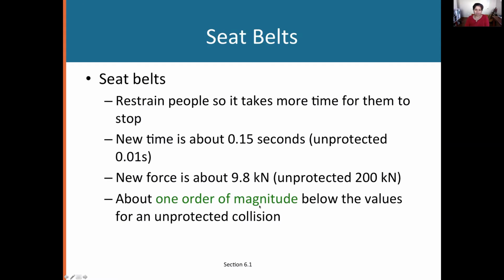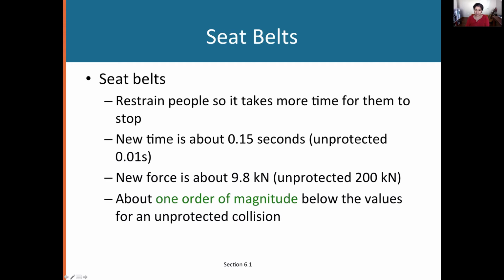So we looked at seatbelts and how they work. Basically, when you have a seatbelt, the new time to stop is about 0.15 seconds as opposed to unprotected, which we saw in the previous slide, 0.01 seconds. So it's at least a factor of 10 improvement. And the new force is about 9.8 kilonewtons as opposed to 200 kilonewtons.